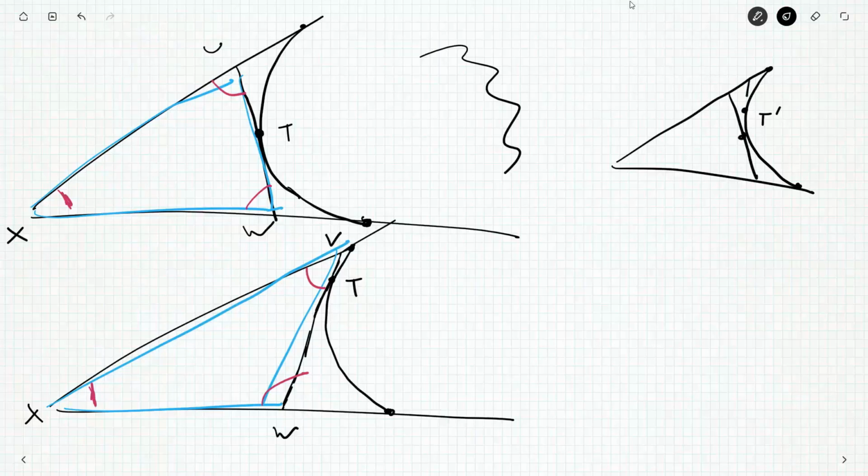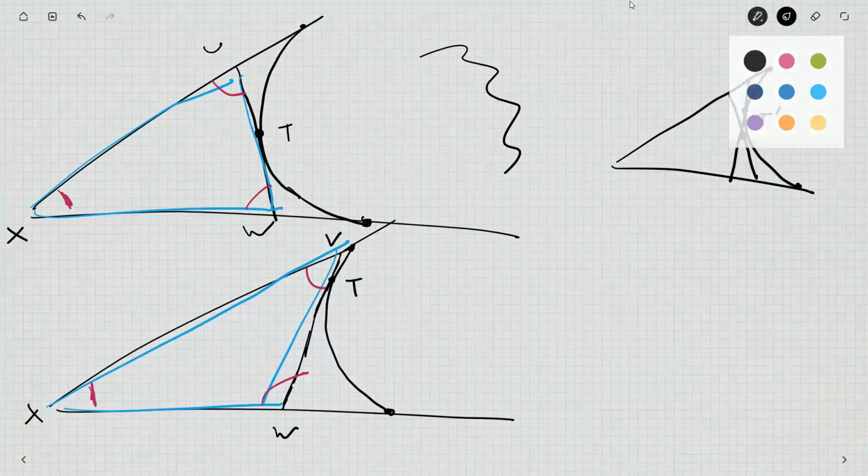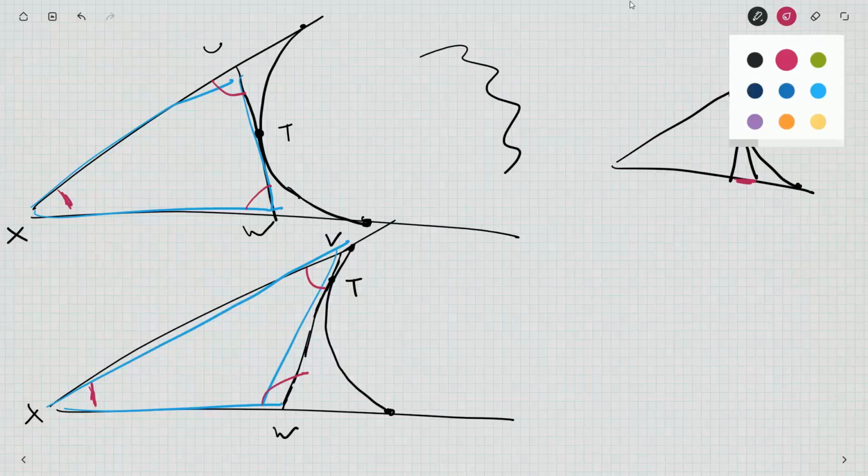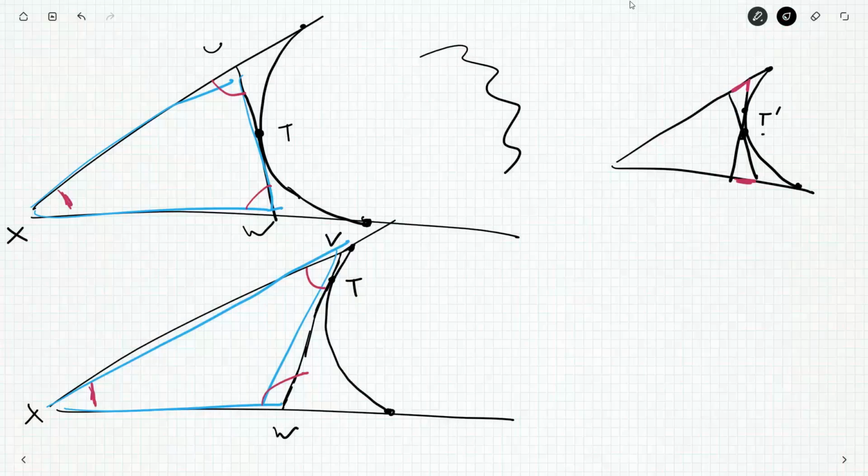Maybe call it t prime. Our perimeter is going to increase by a bit here, decrease by a bit here, and the tangent line is probably going to get a little longer too. So another way to do that is to make some fixed value by picking some arbitrary t and showing that other t's, well, the differences sort of cancel each other out. So that's another way to do it.